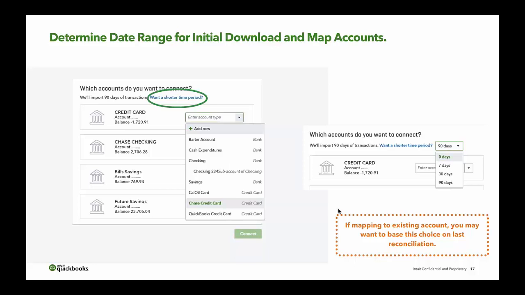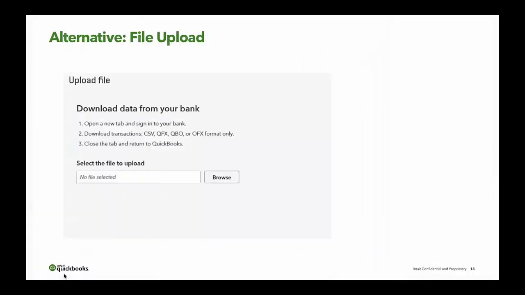Because the bank feed is sort of that first leg of reconcile, we don't want to add anything in that's already been reconciled, right? Because that would be duplicating things up. So if this account's been reconciled recently, we might choose to say, hey, just bring in 7 days or 30 days or 0 if we know that we have everything from the end of August to the present or something like that. So keep that in mind.